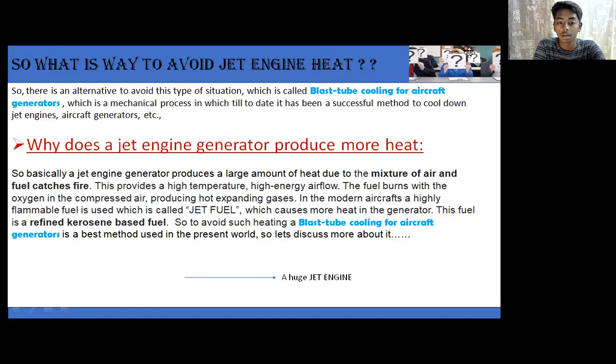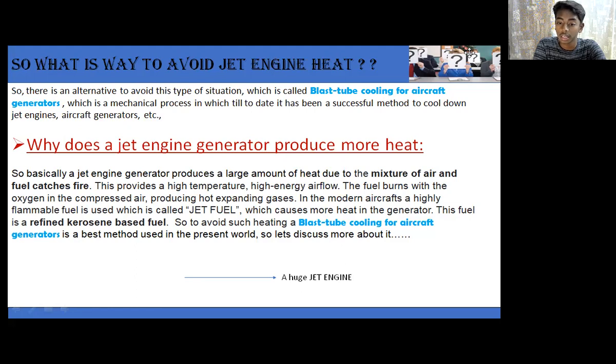This provides a high temperature, high energy flow. The fuel burns with the oxygen in compressed air, producing hot expanding gases. In modern aircraft, a highly flammable fuel called jet fuel causes more heat in the generator. This fuel is a refined kerosene-based fuel.